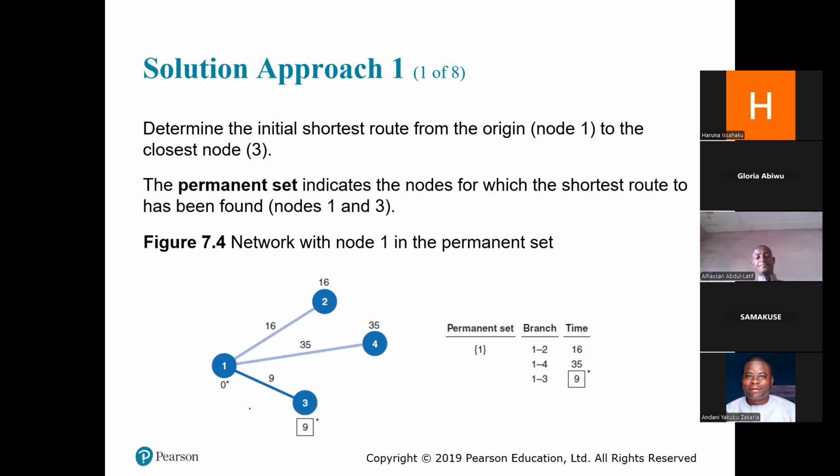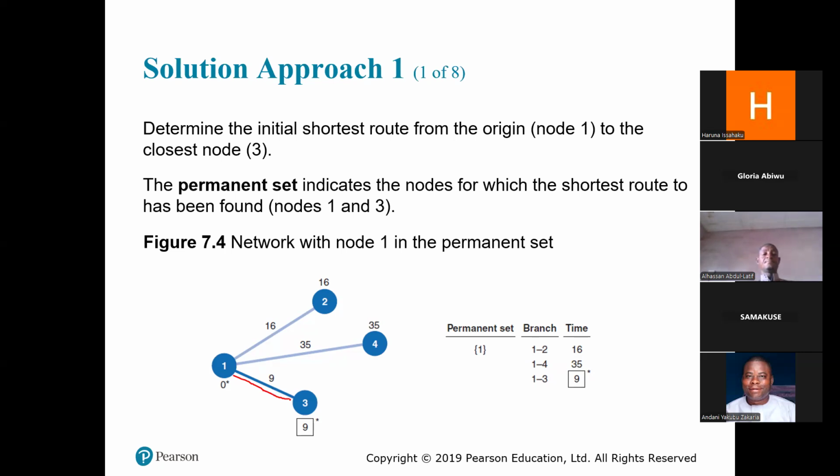Now, you will see that in this diagram, we have deepened the branch from 1 to 3, which means that it's been selected. See that this branch is deep compared to the other branches, to show you that from the origin, the shortest community is community 3 or node 3.